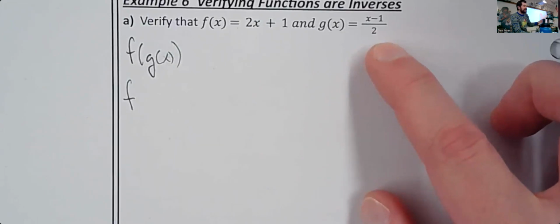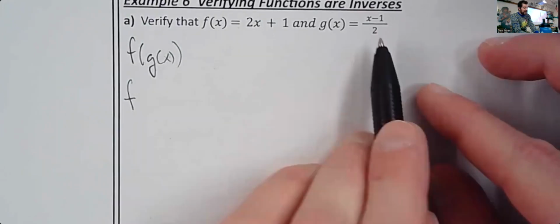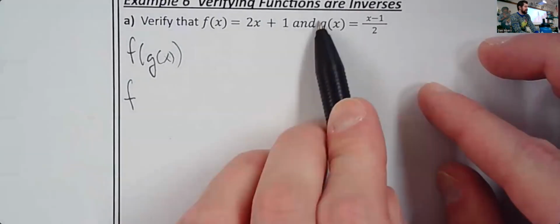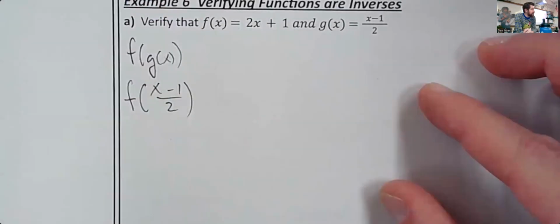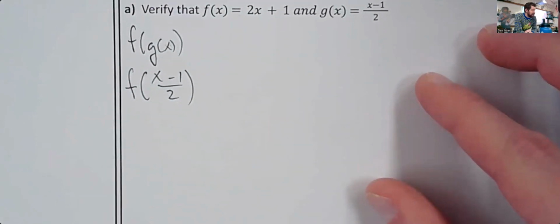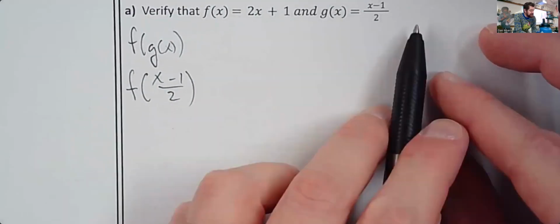So we're not figuring out f of 2, f of 4, f of 5. We're figuring out f of x minus 1 over 2, because that's what g of x is. So we're figuring out the entire function as it relates to f. We're using the g of x values here.